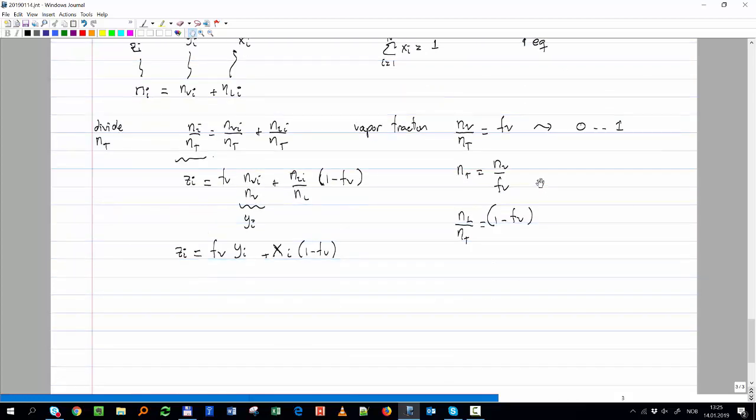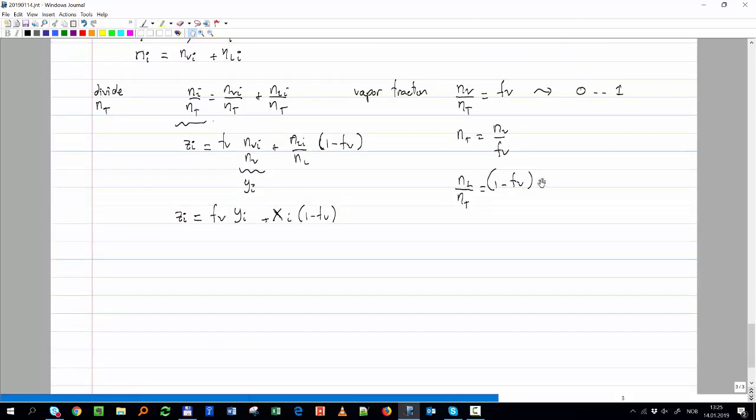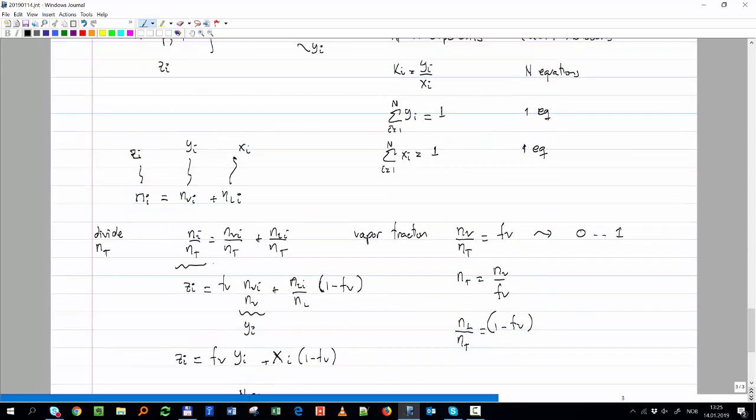Now let's see how many equations I have here. Here I have n equations. Am I bringing any new unknown here? Fv is going to be a new unknown, but it's only one.